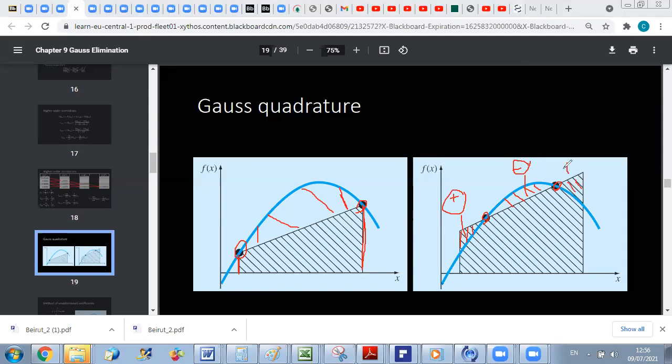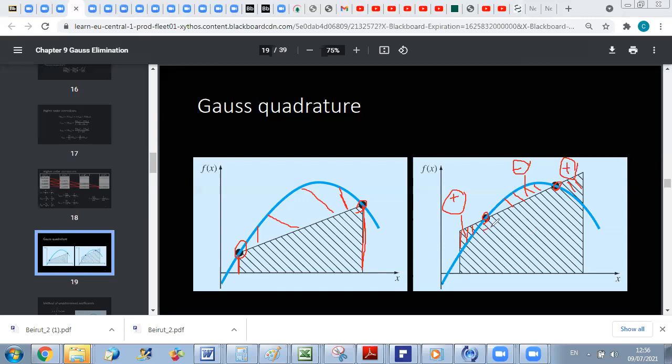And again, here I have an overestimation. So I can say if I can find optimal positions for my 2 points, I can end up with the exact value of the integral. And if I put the 2 points in a way that the positive areas cancel out with the one which is considered negative since I have underestimation, then I will be able to have an error of 0.